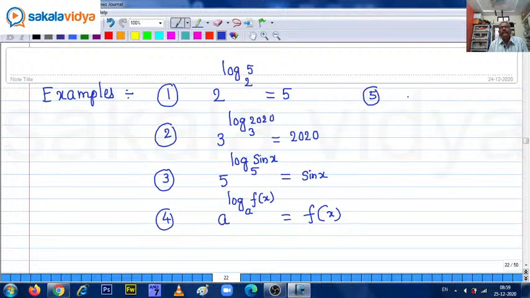Fifth one, e to the power of log f of x. Generally, we treat log f of x as base 10 or base e; here, base e only. So we can write f of x. This is very important. This is the use of the seventh theorem.